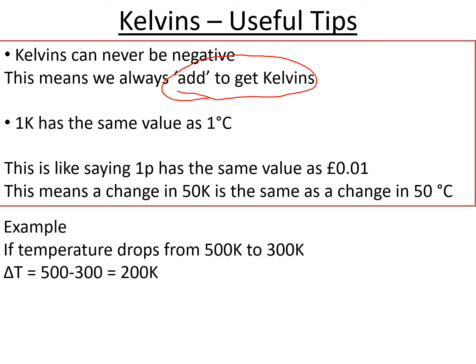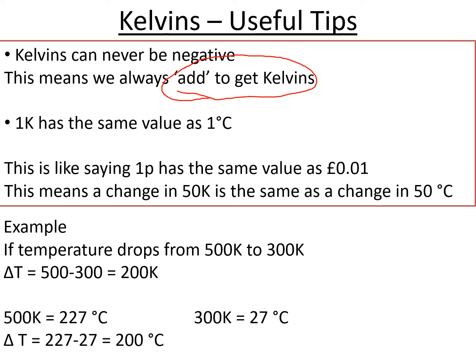Example 1: if a temperature drops from 500 kelvins to 300 kelvins, you would work out the change in temperature as 500 minus 300, which is 200 kelvins. If you did the same in degrees Celsius, 500 kelvins is 227 degrees Celsius and 300 kelvins is 27 degrees Celsius. I would actually try this conversion yourself.